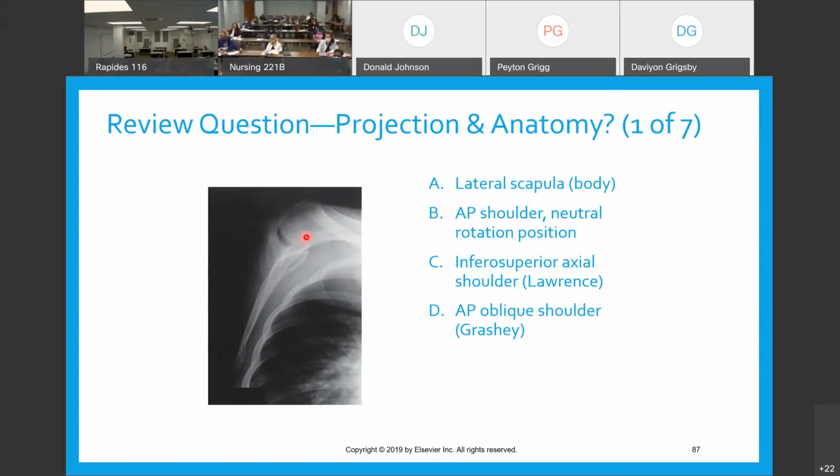The humeral neck, okay. And it's pulled over the thorax. So what are we clearing? The body of the scapula. Do you see it? All right.